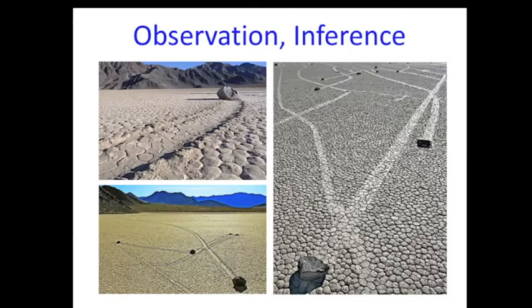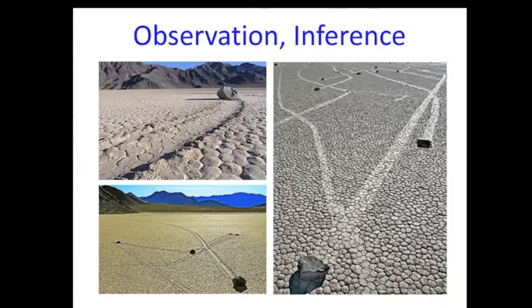Yes, I agree. Observation. Anytime that you say the rocks have been moving fast, well, that's an inference. We don't know that. It appears that they might be, but we don't have direct observational evidence of such. If you said the rocks are moving far, well, once again, that's an inference based on the observations that we've made.